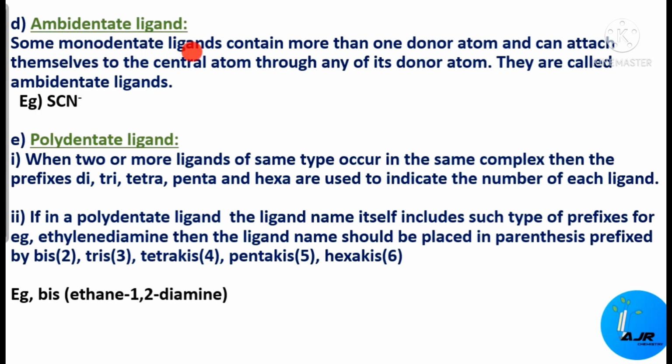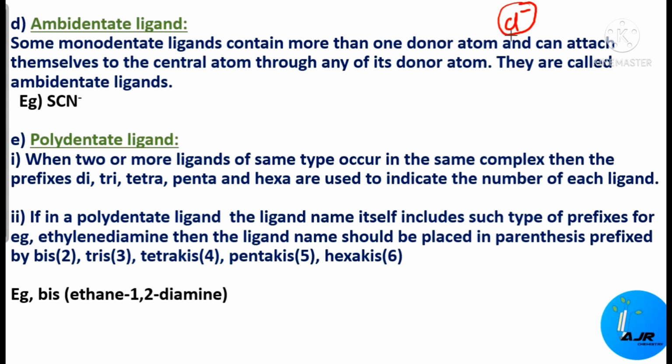Some monodentate ligands. What do we mean by monodentate ligands? There will be only one site for bonding, only one bonding site. Some monodentate ligands contain more than one donor atom and can attach themselves to the central atom through any of their donor atoms. Understood? See the monodentate ligand Cl minus. This Cl can get attached to the central atom only through Cl.